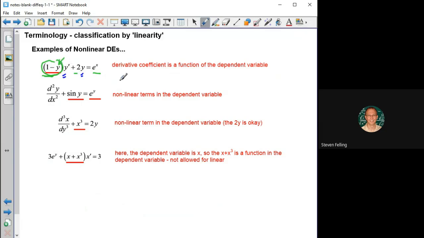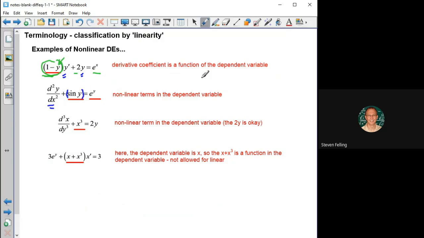It makes this nonlinear. Okay, here we have y in terms of x, so there's a second derivative. And then this whole thing is a function of y, right? But it doesn't really contain a y by itself. It's not just y itself. So really it should be on this side.